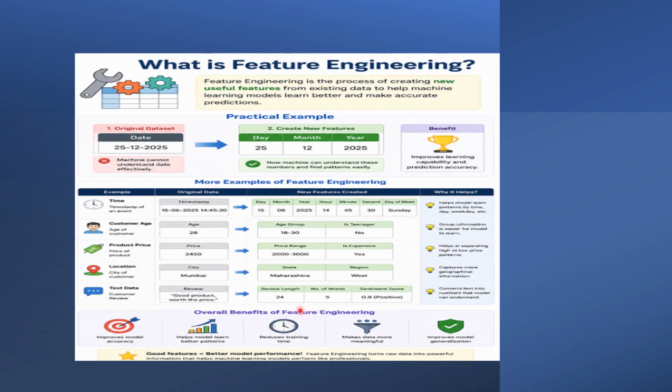The overall benefit of feature engineering is that the data will be in a particular format. Similarly, for a price like 2450, instead you can give ranges like 2000 to 3000. Like city is Mumbai, instead you can say state is Maharashtra and region is West.